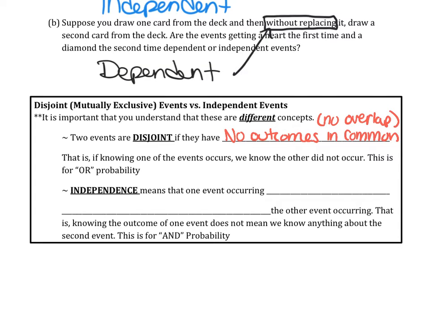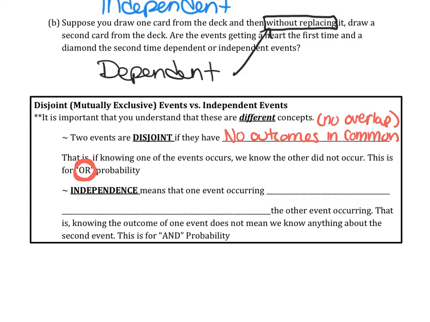If they have no outcomes in common or no overlap, we know if one of the events happens, then we know for a fact the other one did not. And this is for or probability only. Events can only be disjoint if it's or probability. So again, like if we're rolling a die and we want to know the probability of rolling a 1 or a 3, that's or probability, and you can't roll a 1 and a 3 at the same time. It's not possible, which makes them disjoint events.